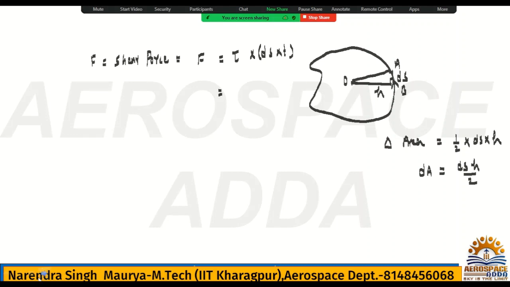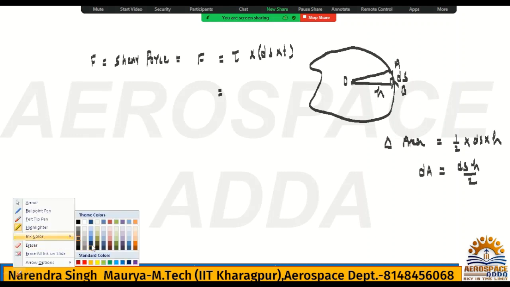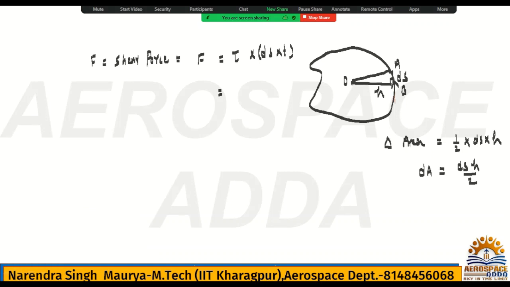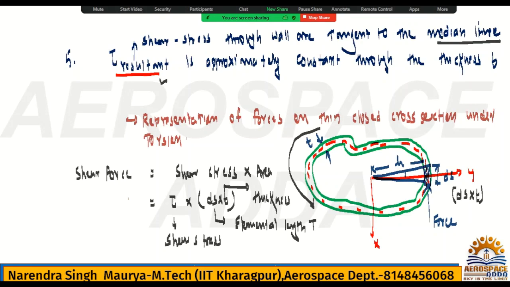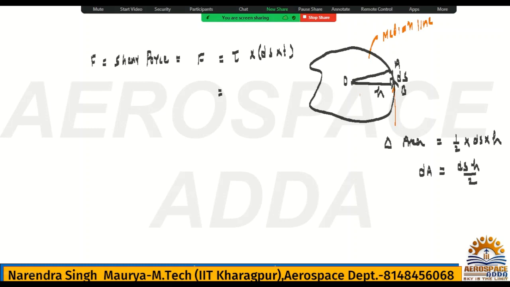Where is the shear force acting? Here, tangent to the medial line. You have drawn this single line, so this is the medial line. This medial line is nothing but this dotted line, so this dotted line only I have drawn. Here we are showing this shear force acting tangent to the medial line.